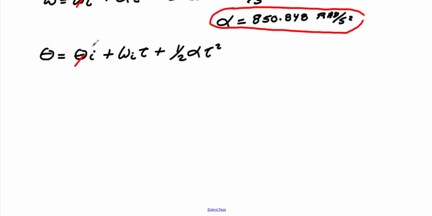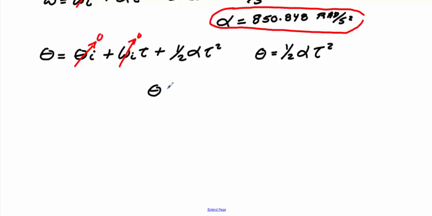Again, we know we're starting from rest. We'll let this be 0. Our initial angular velocity, we know that is going to equal 0. So all we're going to have in this equation is our position. Angular position is going to equal 1/2 times our angular acceleration times time squared.